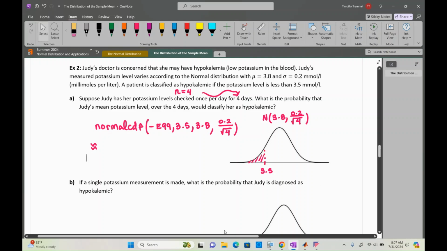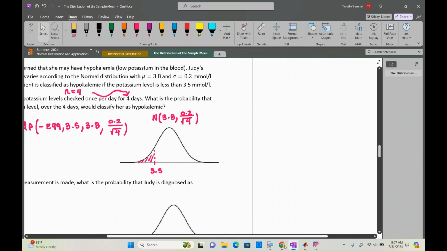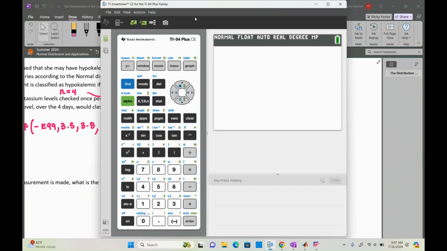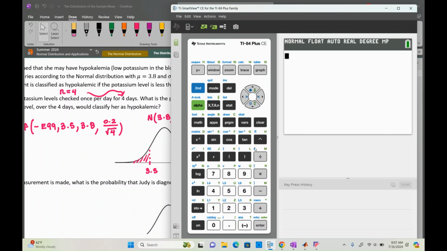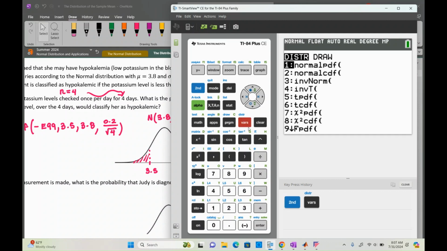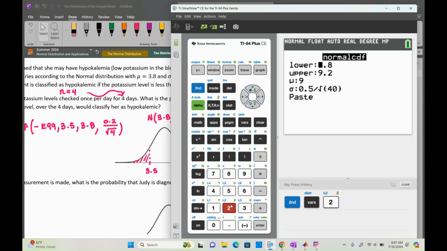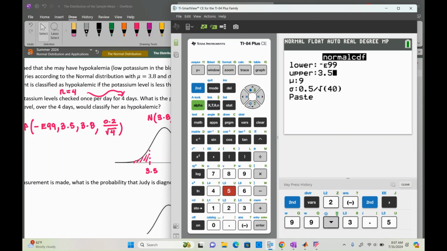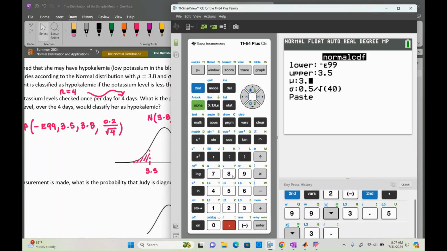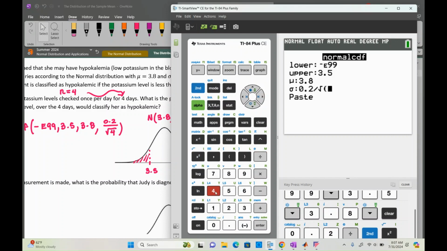Let's go ahead and plug that into our calculators together. If I hit second vars and then number 2 for normal CDF, then I can start typing some of this in here. For instance, that 0.2 over the square root of 4, you can type it in just like that. This is an example where it is kind of silly to type it in like this because it simplifies nicely, but a lot of times it doesn't.